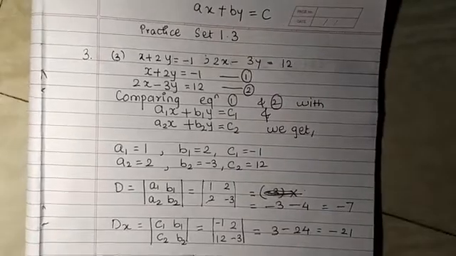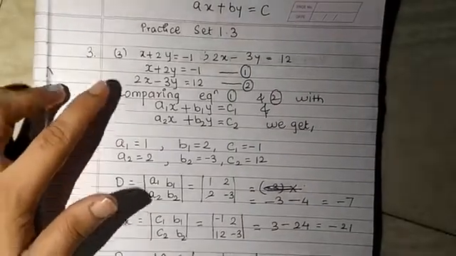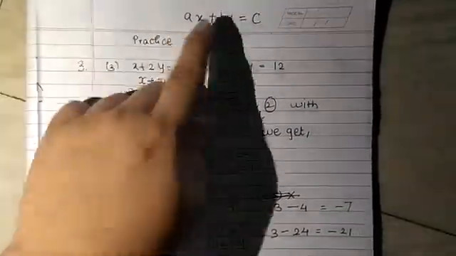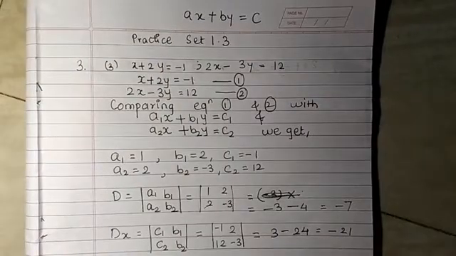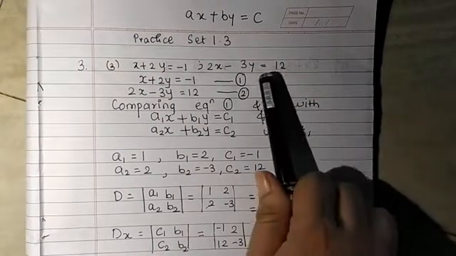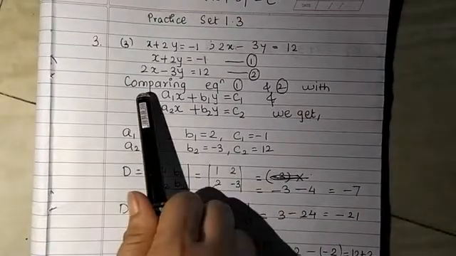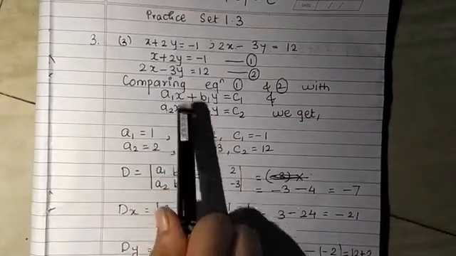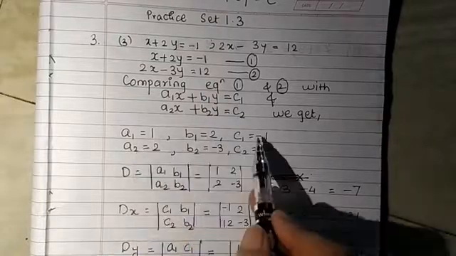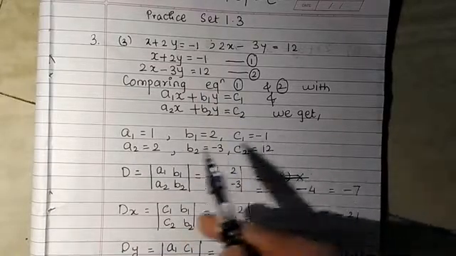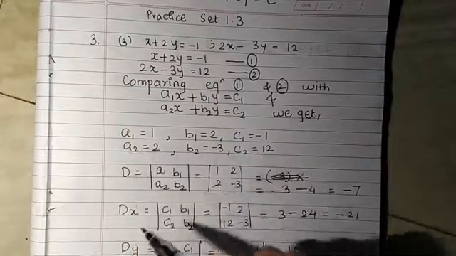Okay, so students, again I am just revising all the steps. The very first step, first you will check whether your equation is in this form or not. If it is in this form, then you will number it 1 and 2. After numbering it, you will compare it with these two, and you will get a1, b1, c1, those are the coefficients, and a2, b2 and c2.